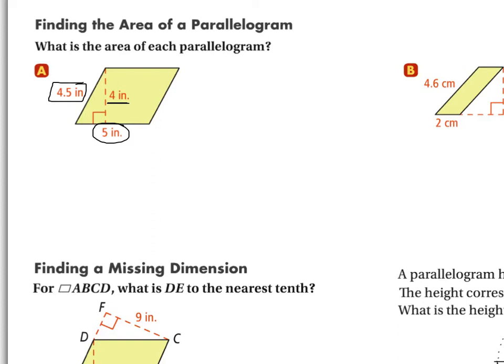That's why I use the 5 and the 4. In this case, the area is 5 inches times 4 inches. Your units are going to matter here, so you have to pay attention to units. 5 times 4 is 20, and an inch times an inch is an inch squared. So the area of that parallelogram is 20 inches squared.